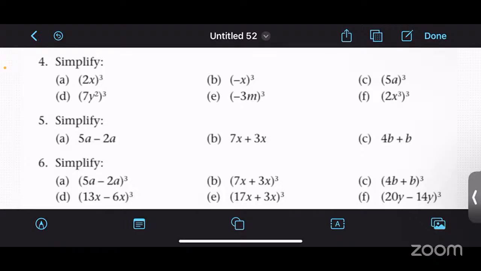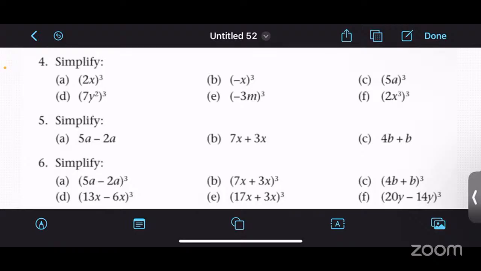I added the power of 3 to the x because it's the only unit inside the bracket, then I removed the brackets since I already solved it. So negative x multiplied by negative x is positive x squared, multiplied by negative x is going to be negative x to the power of 3.